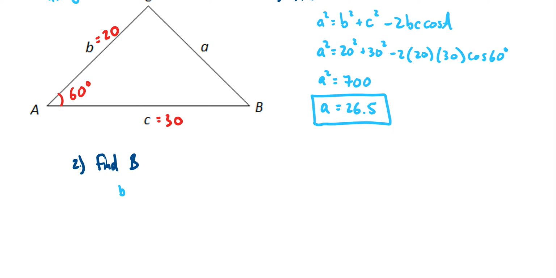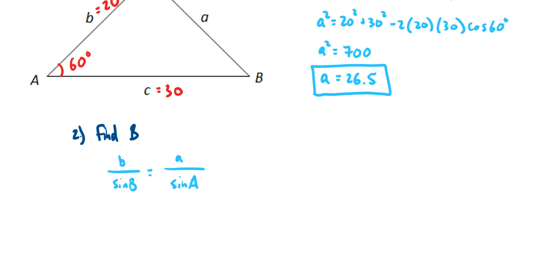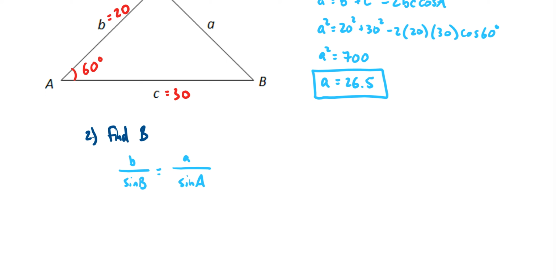So that's going to be B over sine of B. And it looks like we have to use A over sine of A because we don't have angle C yet. So we can go ahead and plug everything in. That's going to be 20 over sine of B equals 26.5, which we just found a second ago, over sine of 60 degrees.